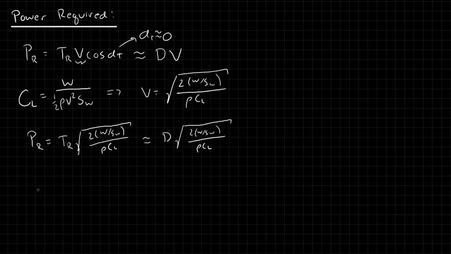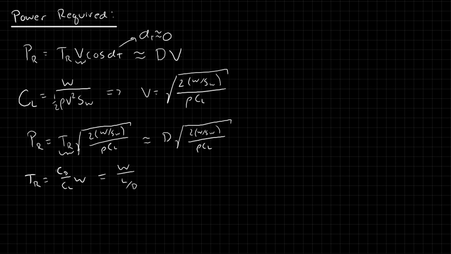Okay, now let's look at thrust required. In some other videos, we derived that the thrust required for the small thrust angle approximation is C_D over C_L times W. You may know it as W over L over D, which is what I think we originally derived, so we can see that this is the same thing.